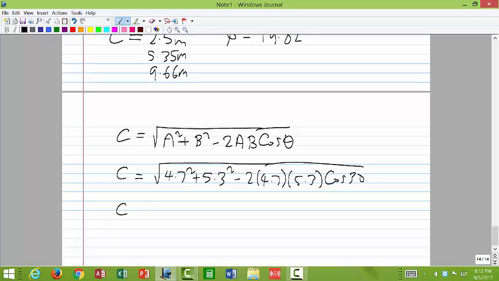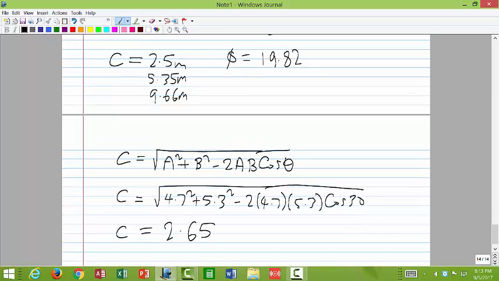So the magnitude of C is equal to, what do you have for C? Is that what you guys did? a squared plus b squared plus 2ab cos theta? It's minus 2ab, not plus. 2.65. Okay.